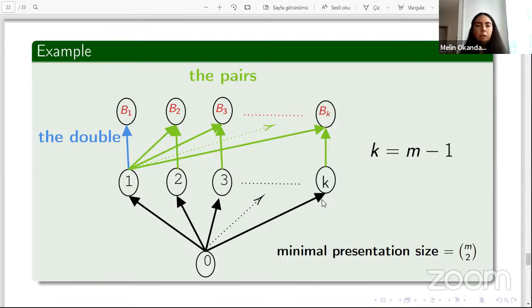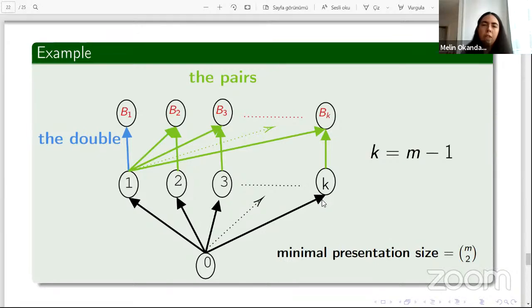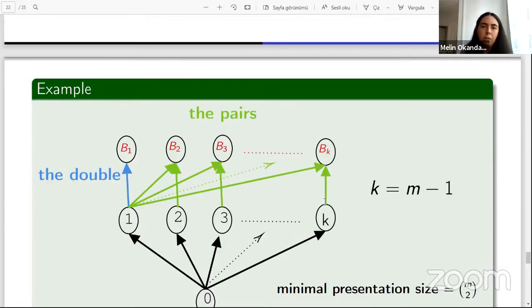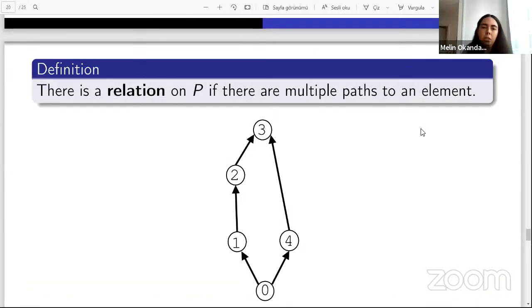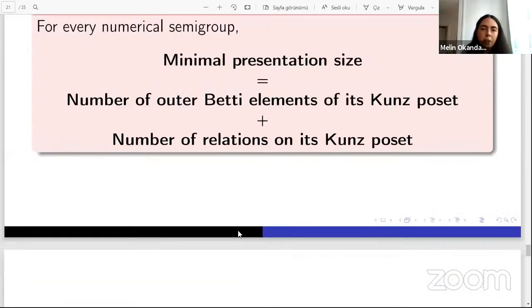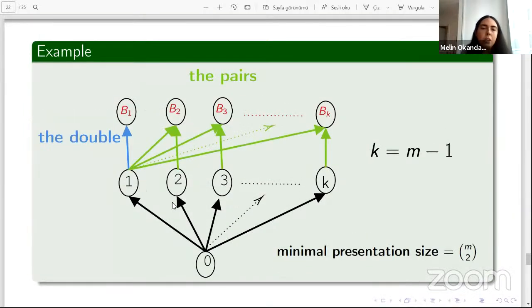There are no relations in this Kunz poset because of how we defined it in the first place: if there are multiple paths to an element, then there's a relation. But here, you can see there's only one path to 1 and one path to 3, so there is no relation.